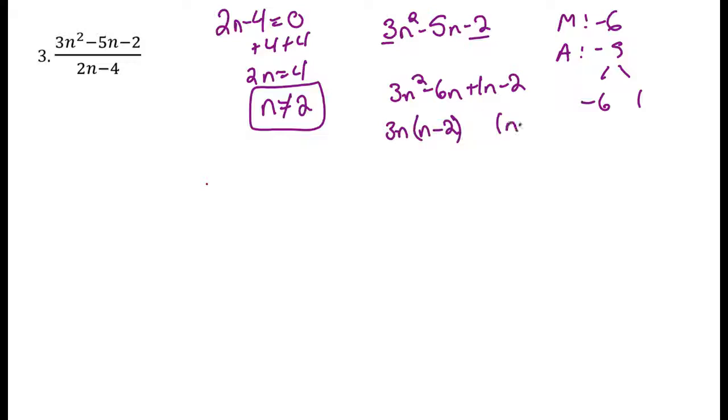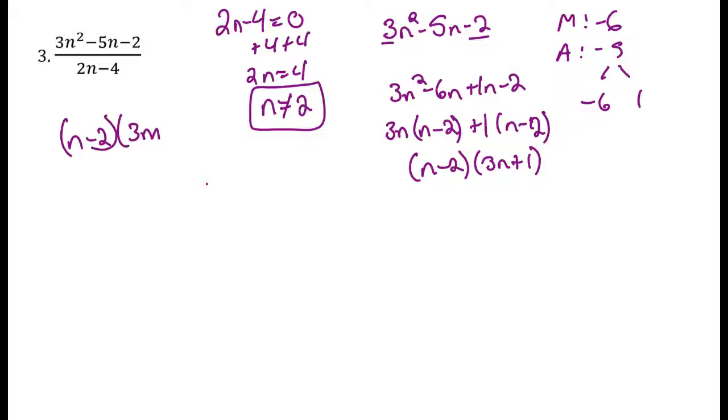I want n minus 2, so I'm going to factor out a plus 1. Be careful there, because n minus 2 is already sitting there, so I can factor out a 1. And I'm left with n minus 2 times 3n plus 1. So the numerator factors into n minus 2 times 3n plus 1. The denominator factors, well, there's a GCF of 2.